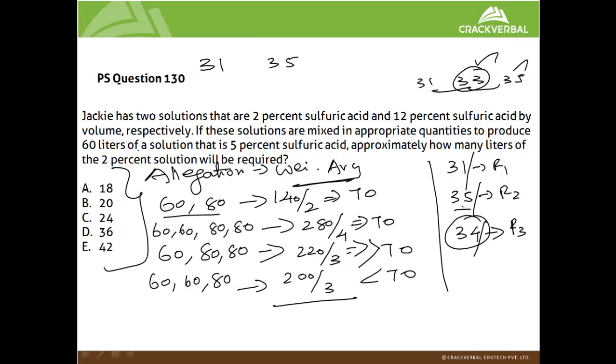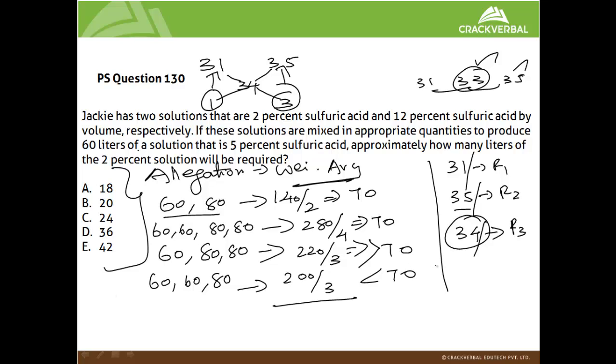The resultant is 34. Find the difference between 35 and 34, and between 34 and 31. The difference is 1, and the difference between 34 and 31 is 3. So that means for every 3 parts of 35 you have to mix 1 part of 31. So you have to mix more of 35 to bring the average to 34. That's the weighted average concept, that's the alligation concept.